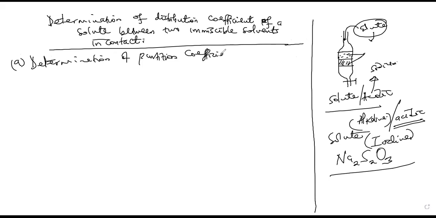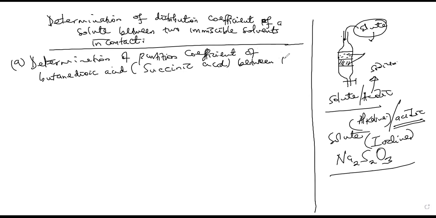Partition coefficient of butane dioic acid, you can call it succinic acid, between water and ether. Determination of partition coefficient of butane dioic acid or succinic acid between water and ether.